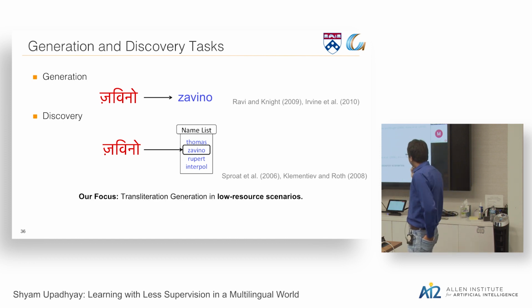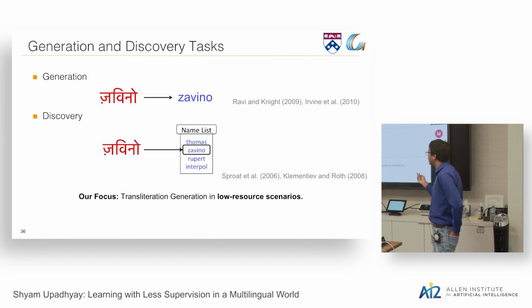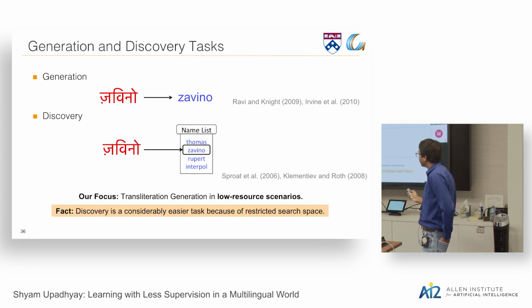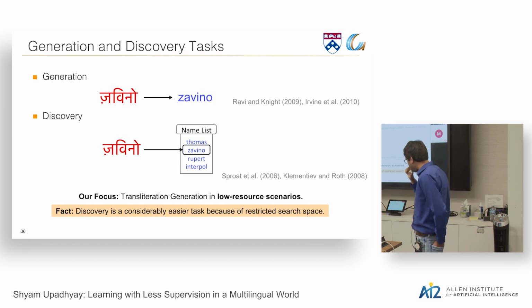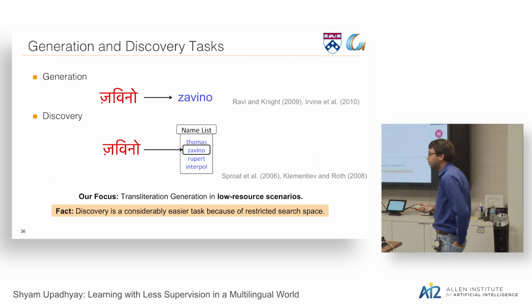And for this reason, the focus of this work was doing generation, specifically generation in a low resource setting. However, we are still going to exploit one fact about discovery, that discovery is a considerably easier task because it has a restricted search space. And we are going to use this later on to benefit our generation model.